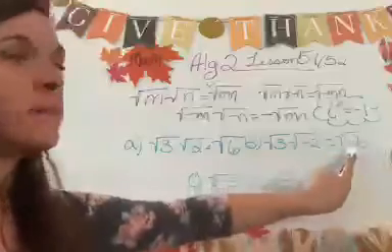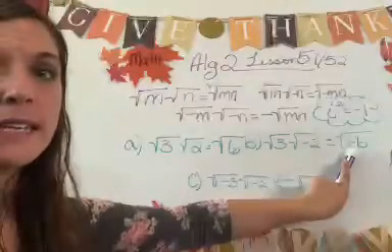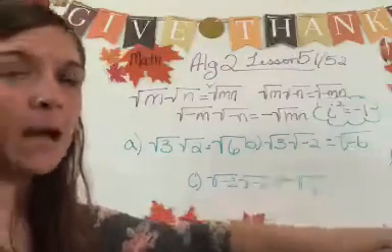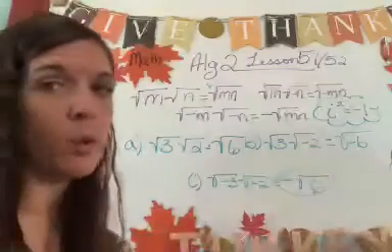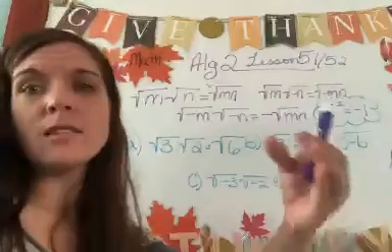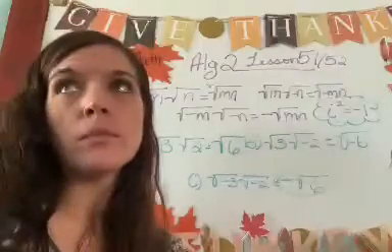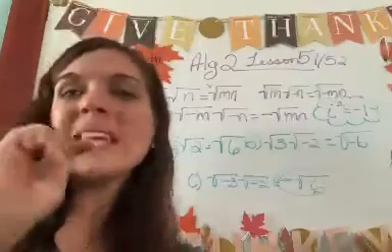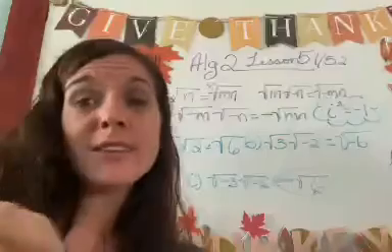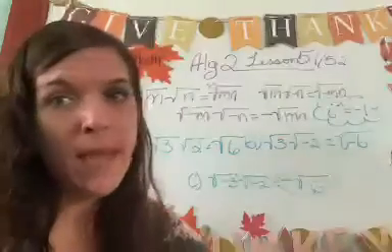Okay, now here's the next thing I'm going to surprise you with. This right here, the square root of negative 6, is impossible. Because think about it. What two equal numbers can you multiply together to get a negative number? You can't.